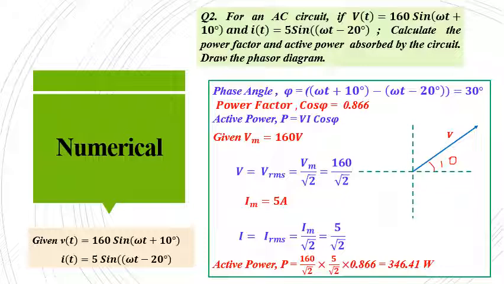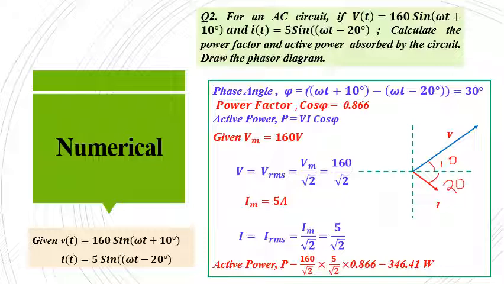Similarly, looking at the current value, current is 5 sin omega t minus 20 degree. Minus means lagging, so you should draw downwards. So this will be your current phasor, and this angle will be your 20 degrees.